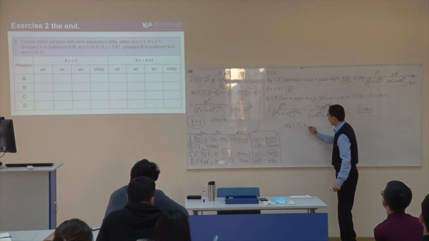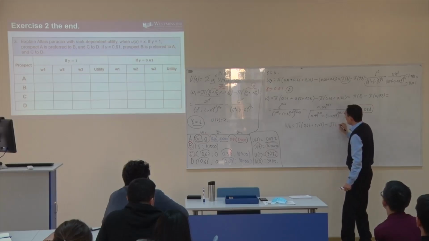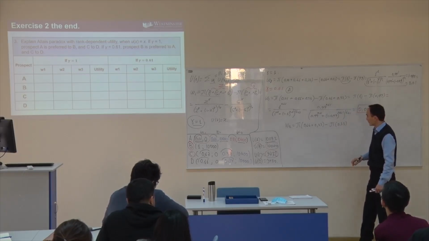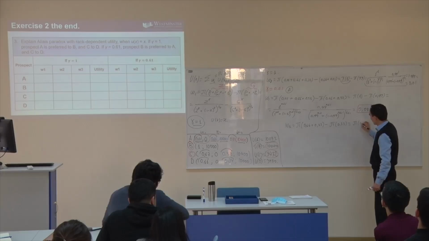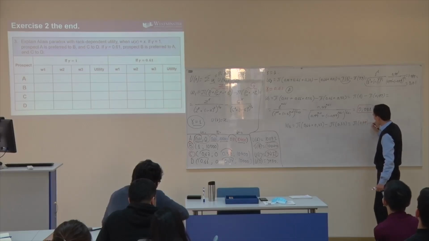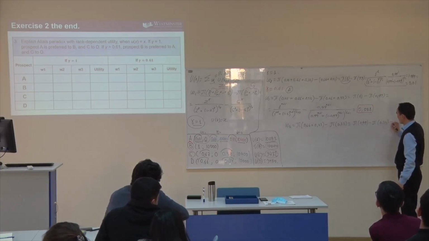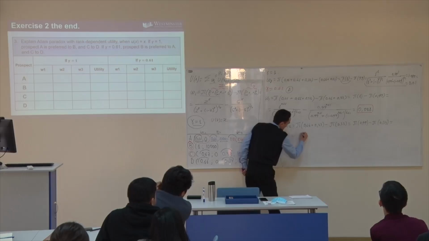Here, 0.66 plus 0.33 minus pi 0.33. So now it's equal to pi 0.99 minus pi 0.33. And now we have to calculate it.